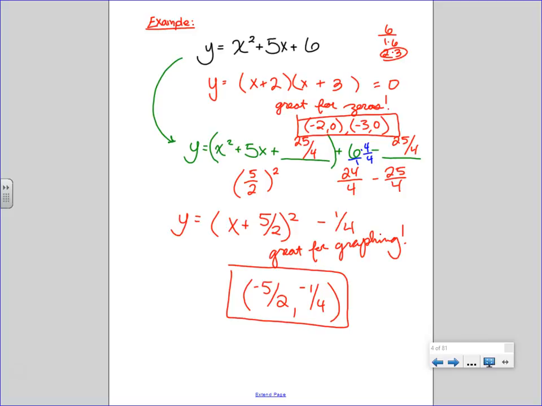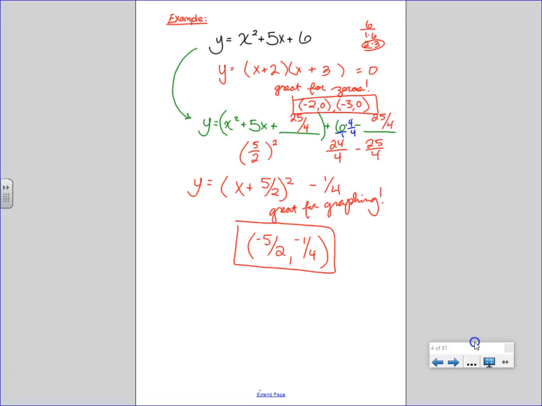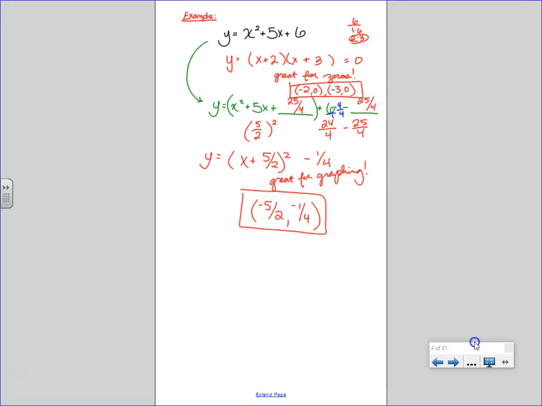And the reason why I say it's great for graphing is because with a line, how many points did you need to make a line from geometry? 2. How many points do you need on a graph to make a parabola? 3. And not just any 3, 3 particular ones.